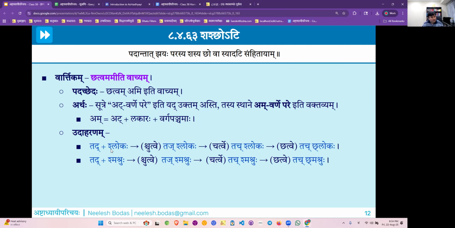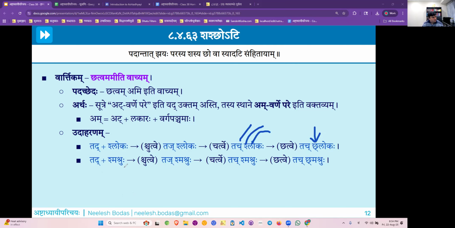So tad plus shlokaha. First you do the shchutvam, taj plus shlokaha. Then you do the chartvam, tach plus shlokaha. At this particular point in time, you have jhaya letter, you have shakara, and you have lakara. Shakara optionally gets converted to chakara, tach ch lokaha.